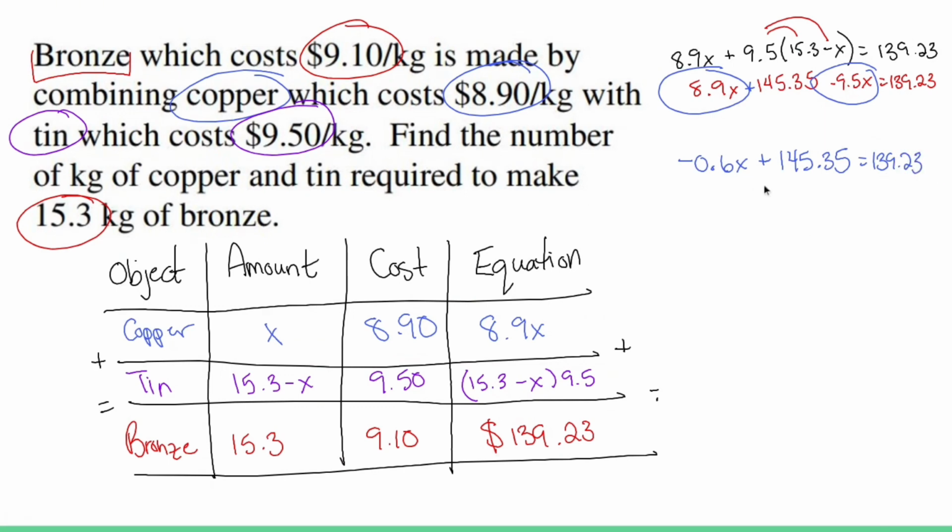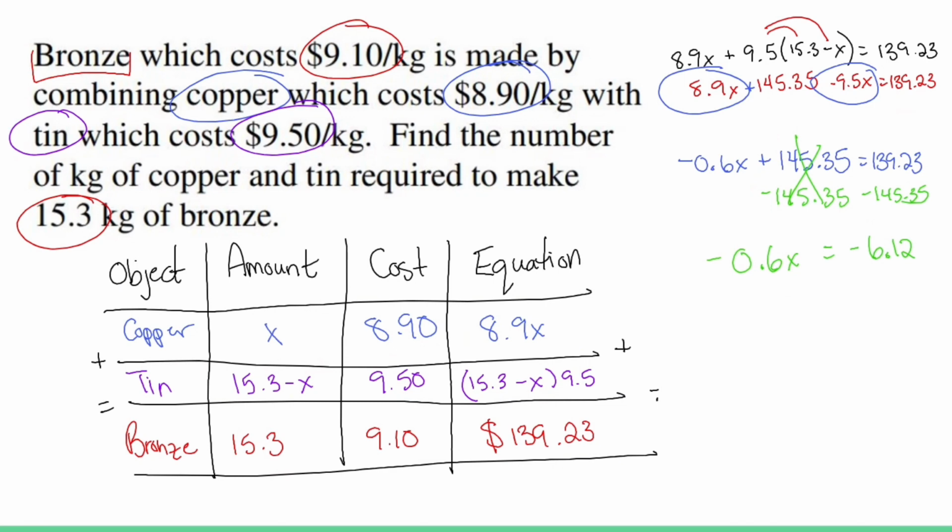Let's subtract 145.35 from both sides. Cross it out, and we get negative 6.12. So drop down the negative 0.6x, and we now have a somewhat friendlier problem to deal with.